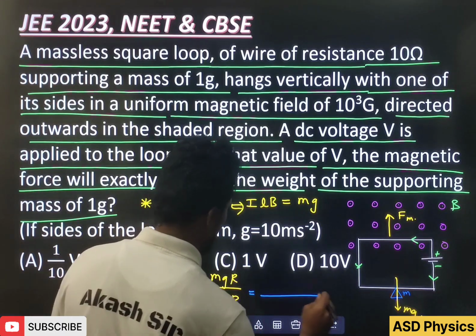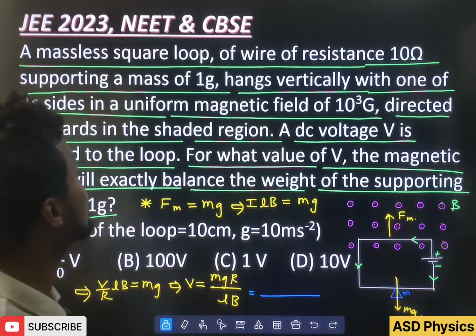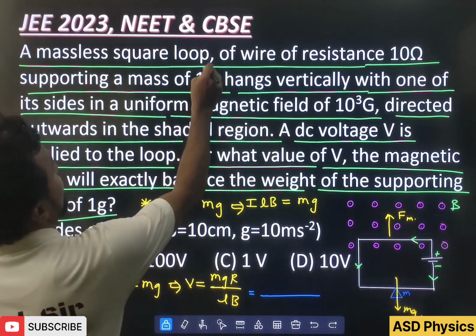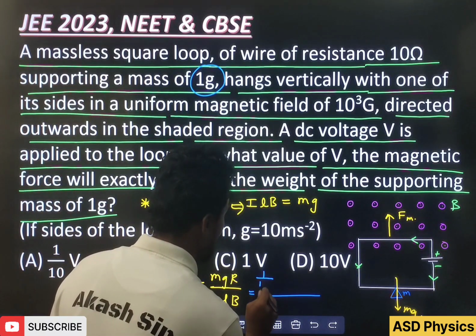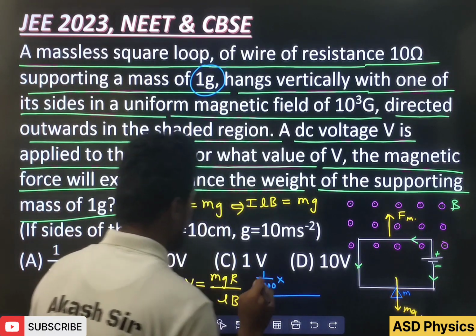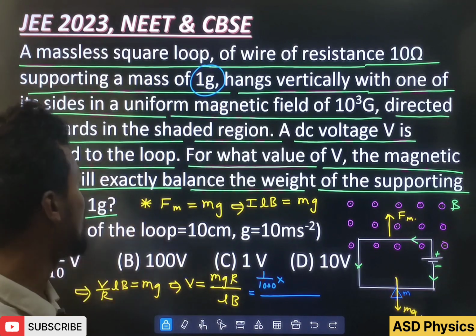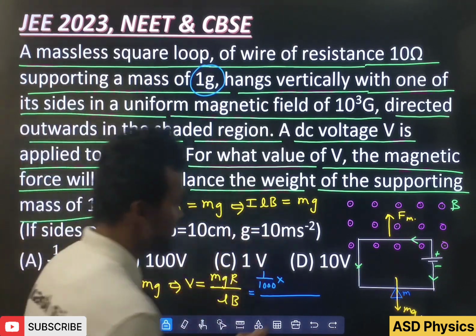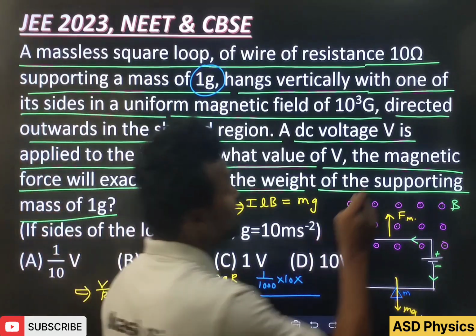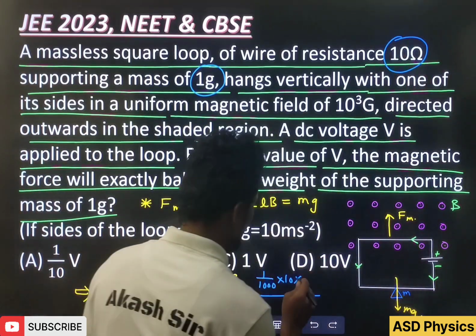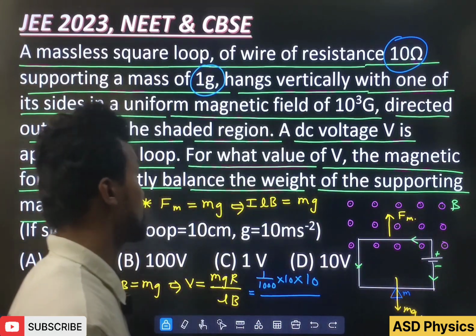Now let me put in the values. The mass given is 1 gram, which converted into SI is 1 by 1000 kilogram. The gravity is given as 10, multiplied by the resistance R, which is also 10.